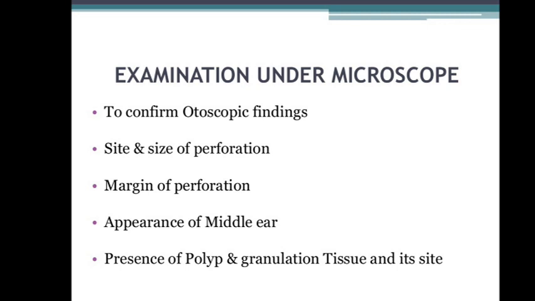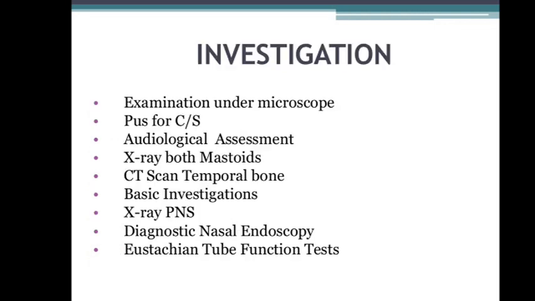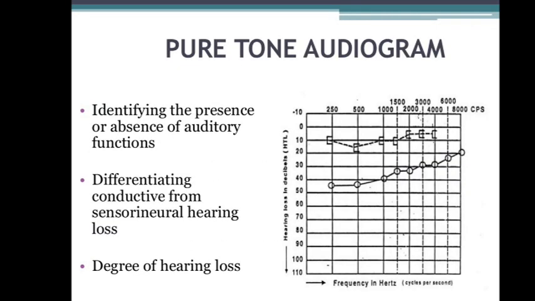That may be done to confirm the otoscopic findings, to confirm the site, the size, the margins of the perforation, to look into the middle ear mucosa, whether there is a polyp, whether there is cholesteatoma. If you are finding something suspicious, or even suspecting malignancy or anything abnormal, you can always confirm it by looking under the microscope. Then this is the audiometry.